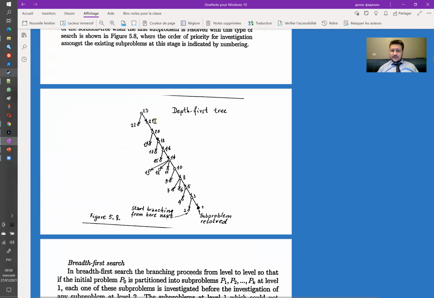Okay, we understand that this one is more preferable than this one, and so on. And we come to the sub-problem, and we understand that the best one is 1. So this solution provides us with the minimal value of the optimization function.